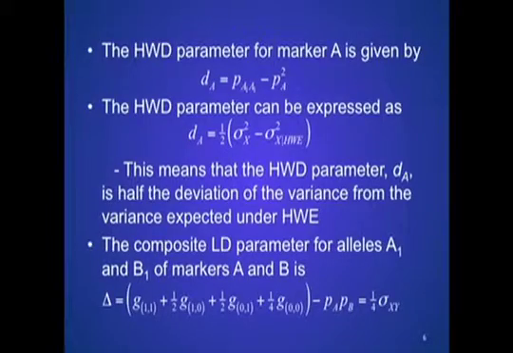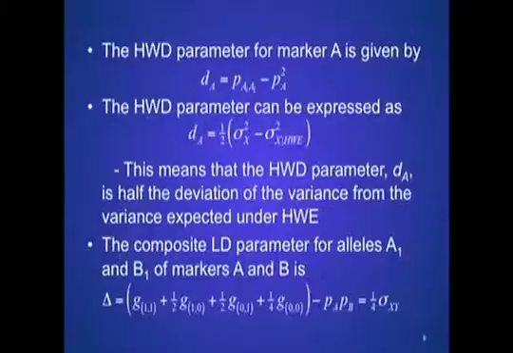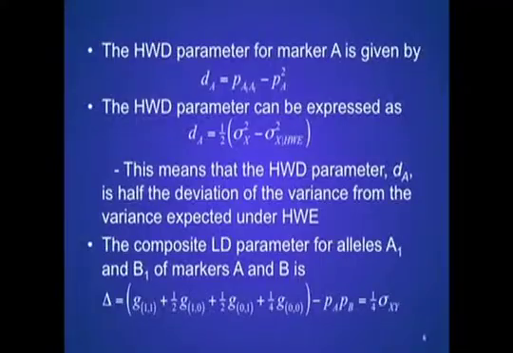It can also be shown that it's exactly half of sigma x squared minus the sigma squared of x given Hardy-Weinberg equilibrium. In other words, this parameter d is half the deviation of the variance from the variance expected if we had Hardy-Weinberg equilibrium, if we had linearity, no quadratic term. That's what it is.